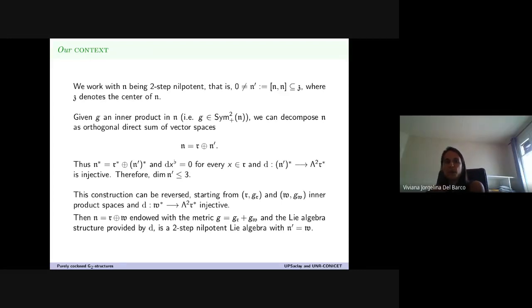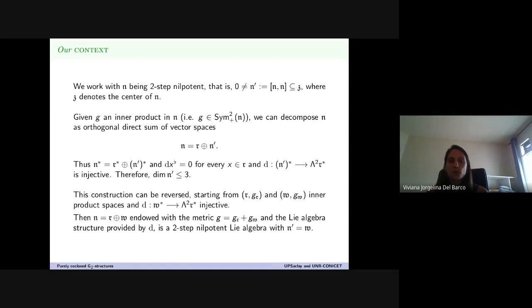Okay. I wanted to point out that this construction can be reversed. If you start with two inner product spaces and you have an injective map, then you can build a two-step nilpotent Lie algebra by defining D, as I said before, as the defining data for the Lie algebra structure. And as I said before, this works because you don't have a Jacobi identity to verify in this case.